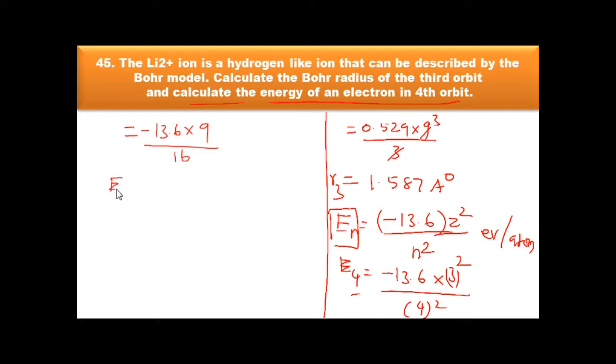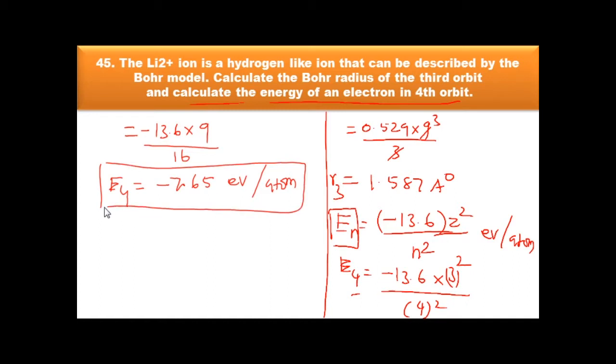So the answer, E4 equal to minus 7.65 electron volt per atom. So this is the energy of an electron in the fourth orbit.